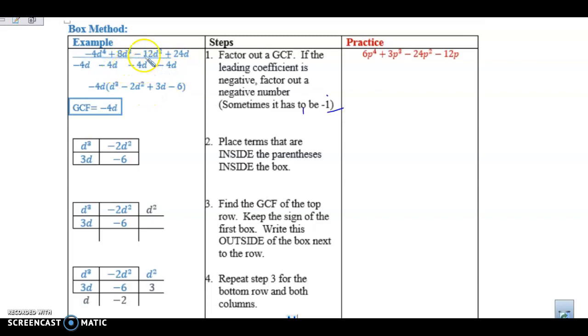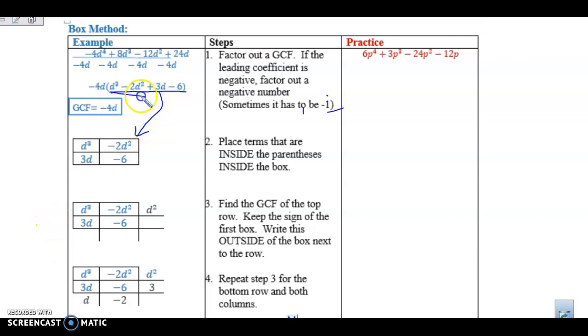If I take negative 4 into negative 12, I get positive 3. And because there were 2 D's and I took one out, there's only one remaining. And then negative 4 goes into 24, negative 6 times, and because I took the D away, there's no D's remaining. It's just negative 6. Now, I'm going to take this information and I'm going to put it in a box.